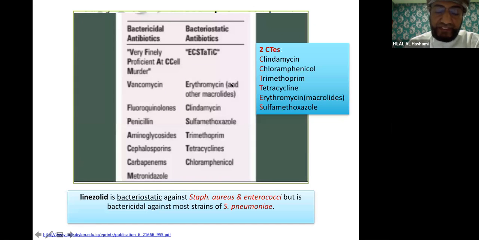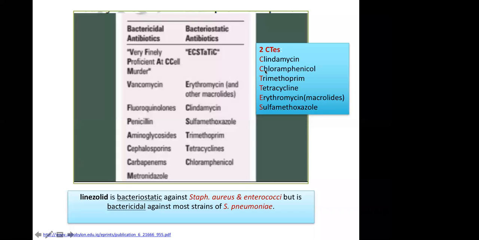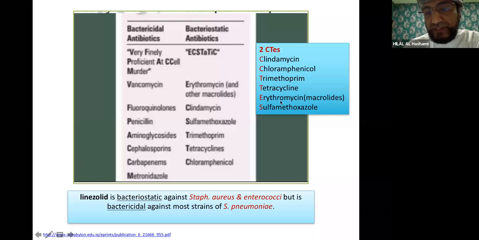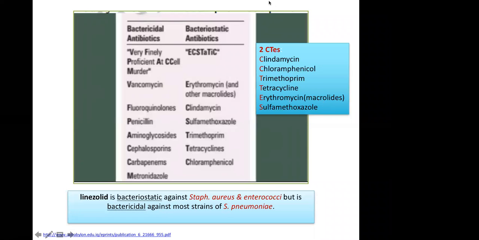In the classification of antibiotics into bactericidal and bacteriostatic, the bactericidal are the beta-lactams and other cell wall inhibitors. The bacteriostatic, I collect them into these groups, like clindamycin, trimethoprim, tetracycline, and others.